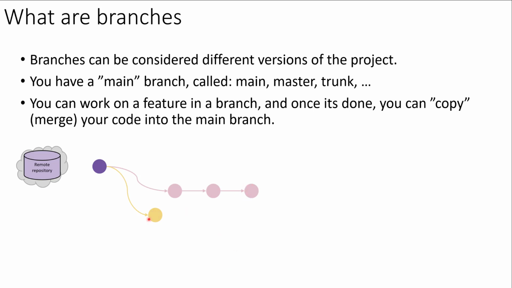The same goes for whoever works on the yellow branch here, they also have commits and push those commits to the remote repository. Now this person here is done. At this point in time, they are done with the branch and it's working and tested and all the stuff that you need. So they want to copy, merge that into the main branch, so the main branch is now updated with the latest working feature.